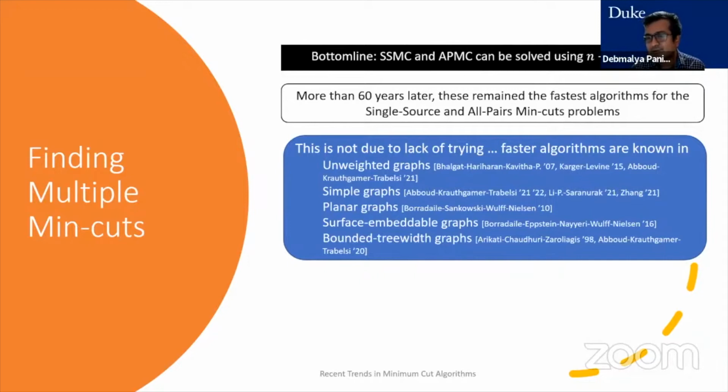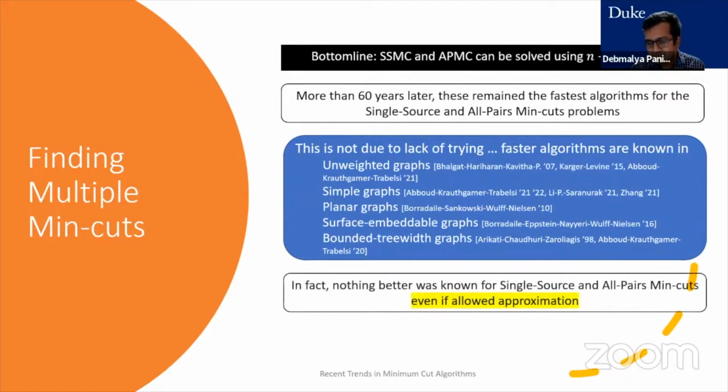So if I have a general weighted graph, the only algorithm we knew was the old Gomory and Hu algorithm. And for single source, it was even more stark in that the only algorithm we knew was this trivial algorithm that iterates over all vertices.